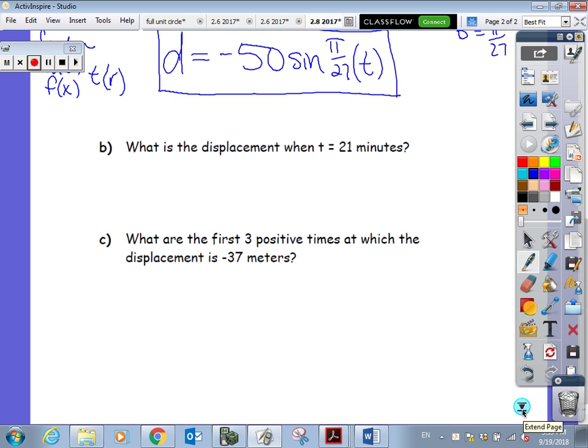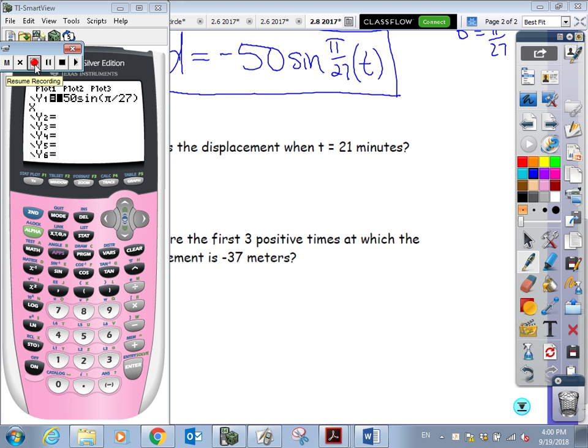So we've got to put our equation into the calculator. All right, so there's our equation in the calculator when T equals 21 minutes. Again, lots of different ways to do this. One way that you might not be aware of, we could go ahead and store 21 as x.